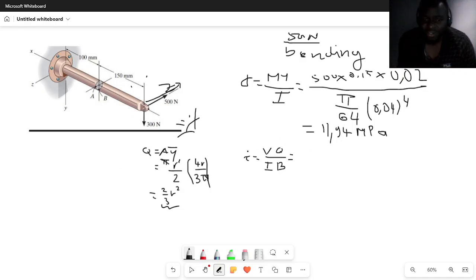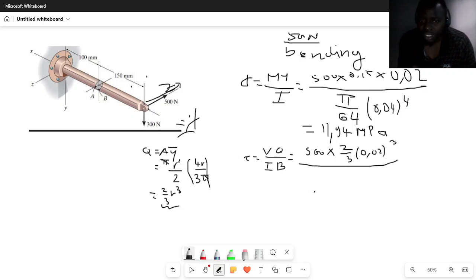So in this case, V stands for the force. What is the force? 500. Now, what is Q, which is A y bar? You can copy your 2 over 3 r cube. What is r? The diameter is 40, so radius is 20, 0.02 to the power 3.